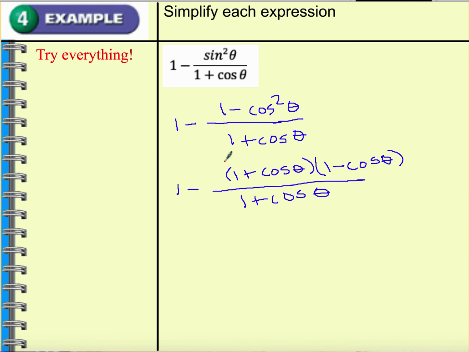Because now any number divided by itself is equal to 1. And all I have here is 1 minus the quantity 1 minus cosine theta. Now this is set up for the distributive property, which I personally believe is the most important property in math. It happens everywhere.